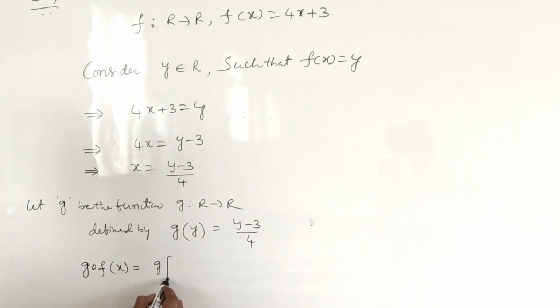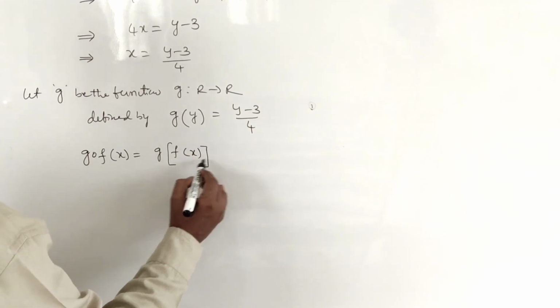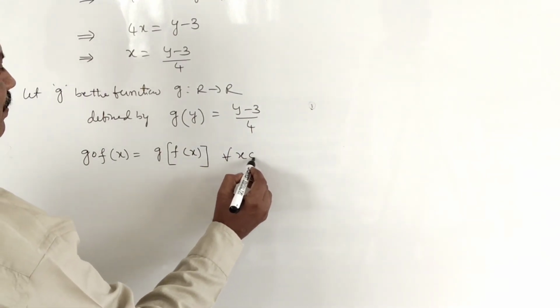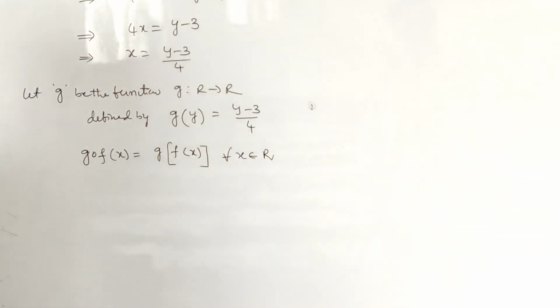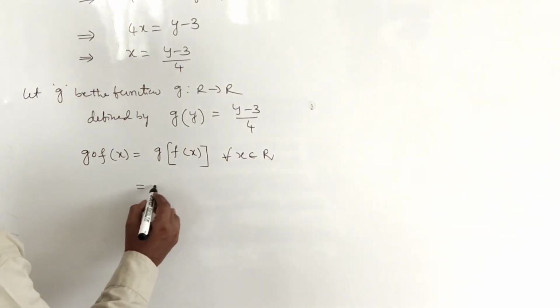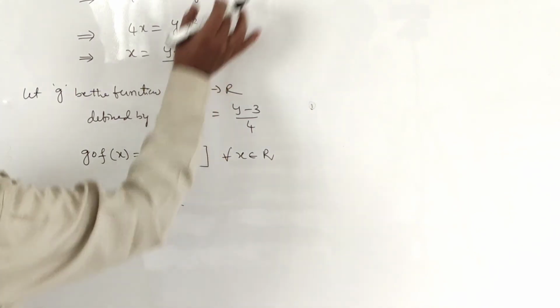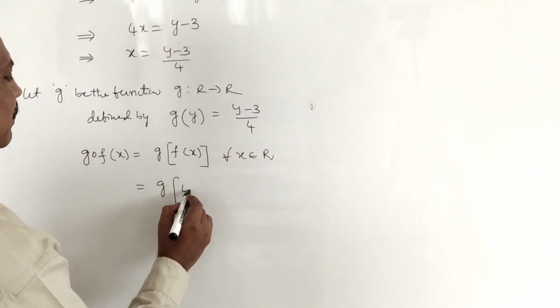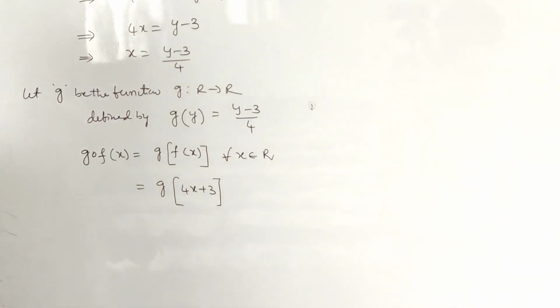So the expanded form is g of f of x for all x belongs to the domain, which is R. Correct, students? Now you have to simplify. g of what? f of x. f of x is given here, 4x plus 3. What we have to do next?